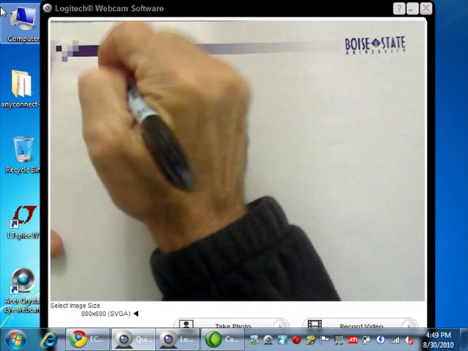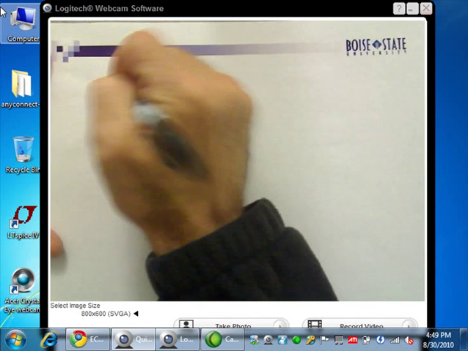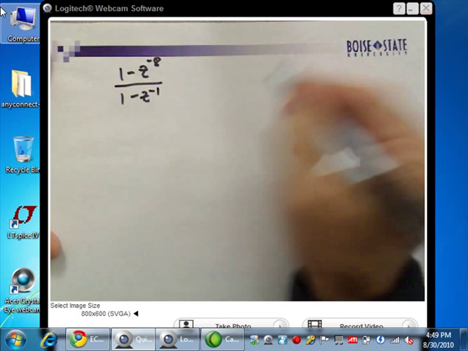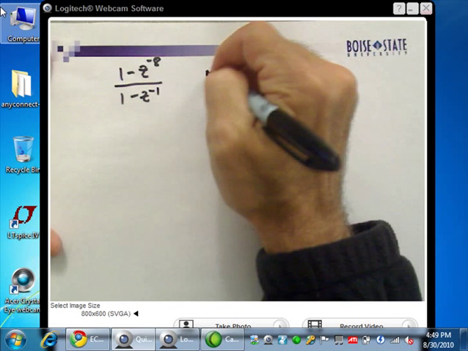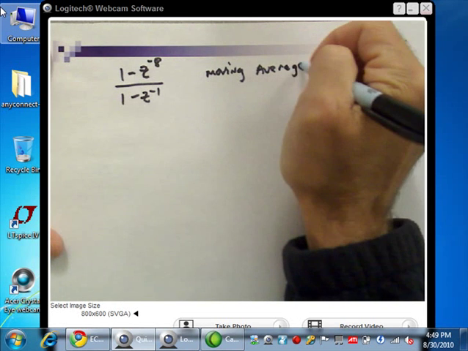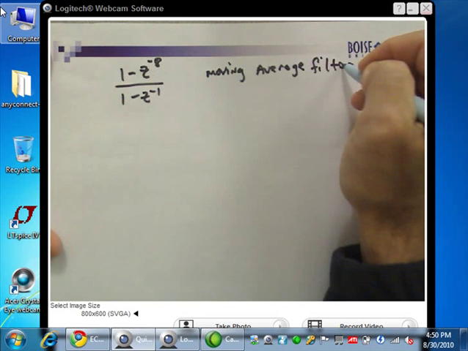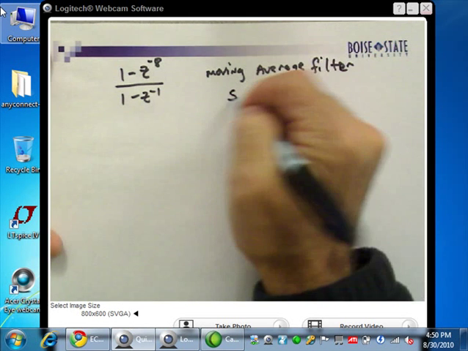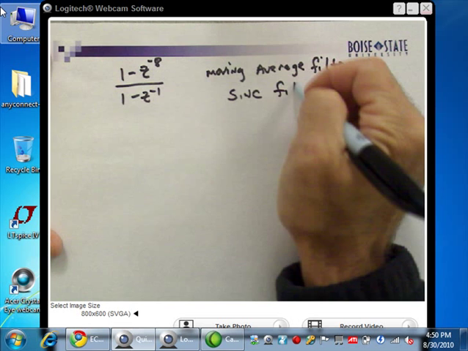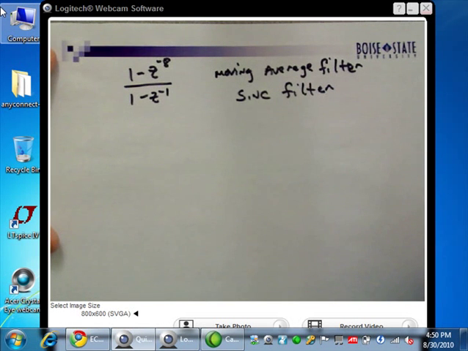Okay, so now let's plot 1 minus z to the minus 8 over 1 minus z to the minus 1. This is a moving average filter, or a sinc filter, which we'll see why it's called a sinc filter in a moment.